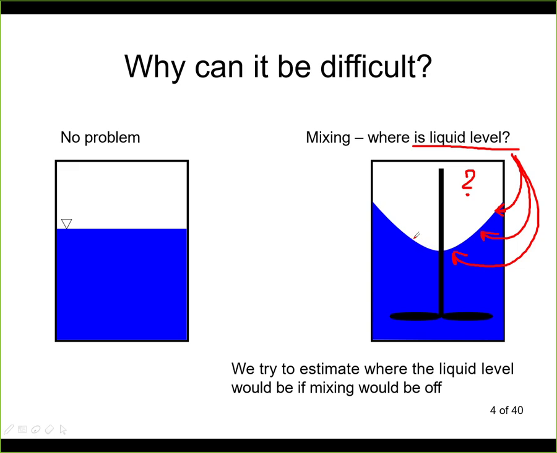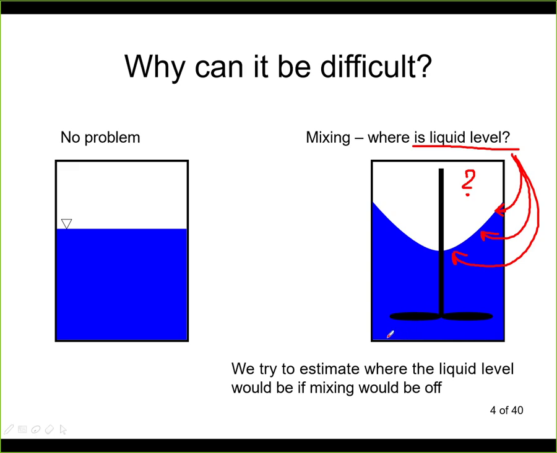Is it here, or is it there, or is it there? So in fact, in this kind of measurement, we try to estimate what the liquid level would be if the mixer is off.